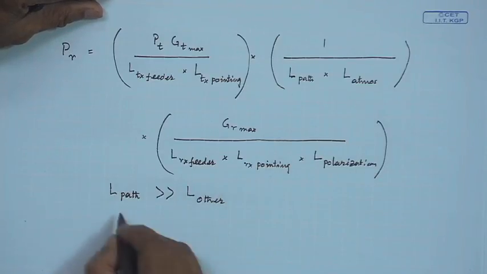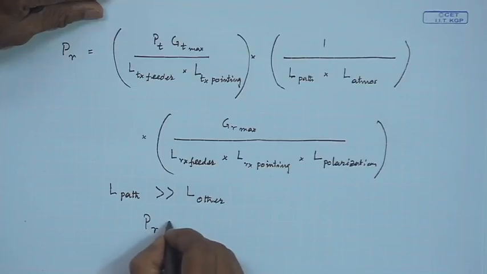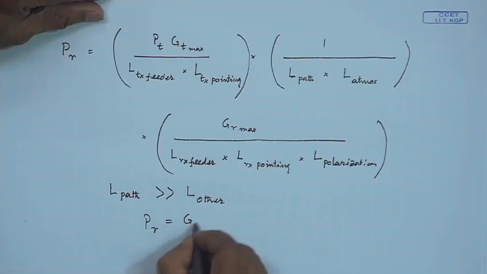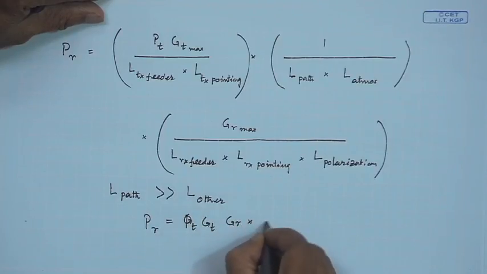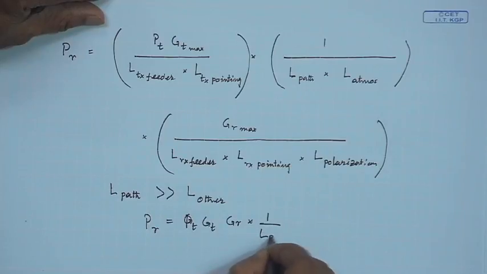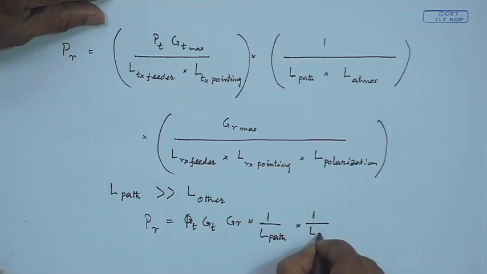So, in short, now we can write that P r is equal to P t G t into G r into 1 by loss due to path and 1 by loss due to others.